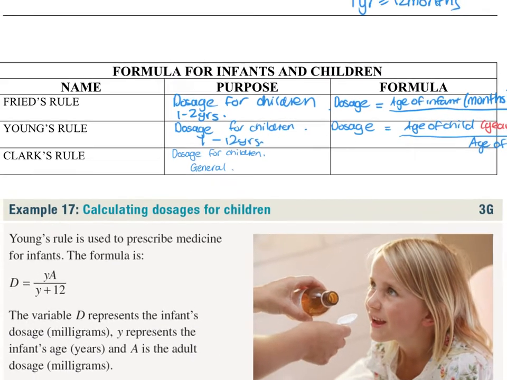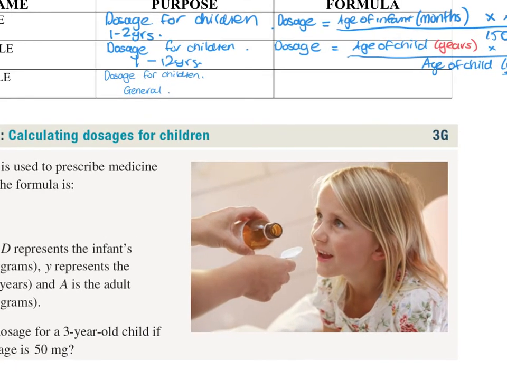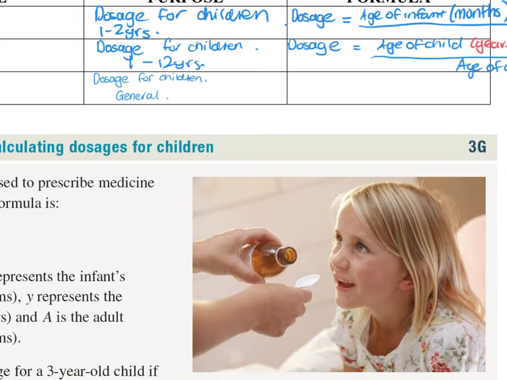What Mr. Clark came up with, this is the formula he came up with. Dosage is equal to the weight in kilograms times the adult dosage. Once you get that answer, you then divide by 70.